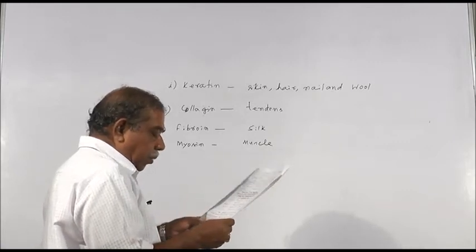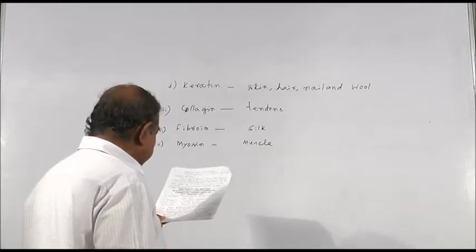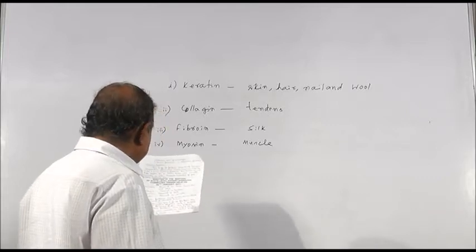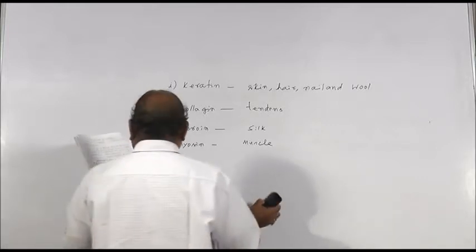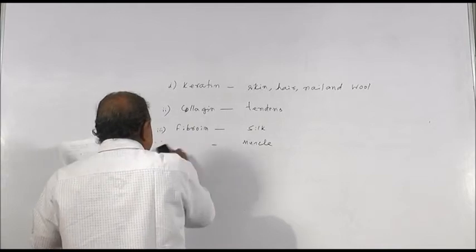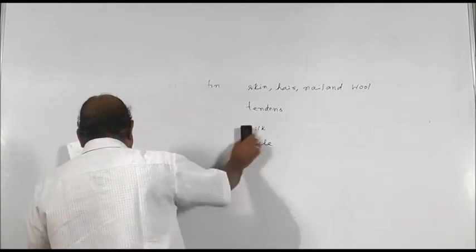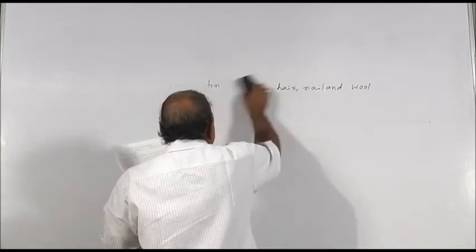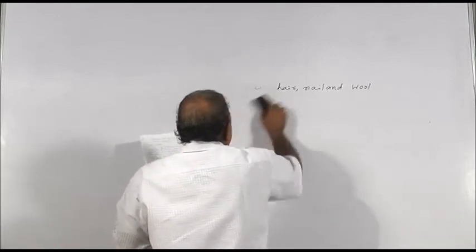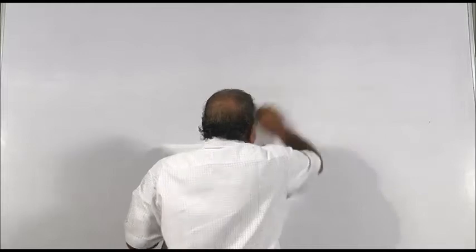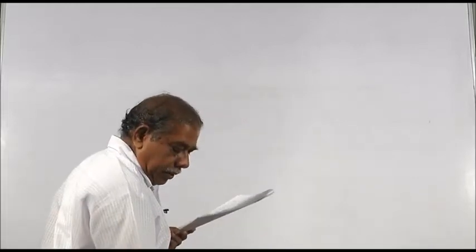This type of protein serves as the main structural material of animal tissues. The second category of protein is your globular protein.